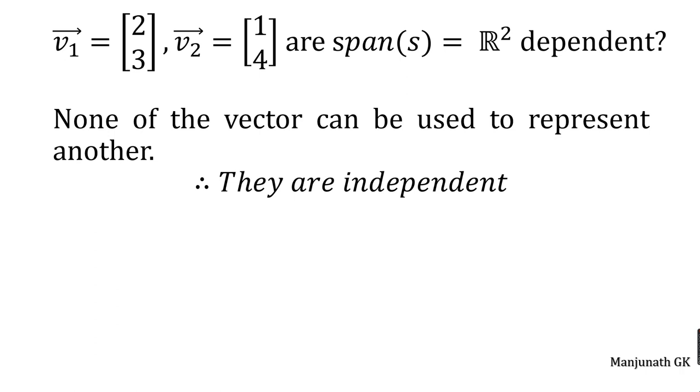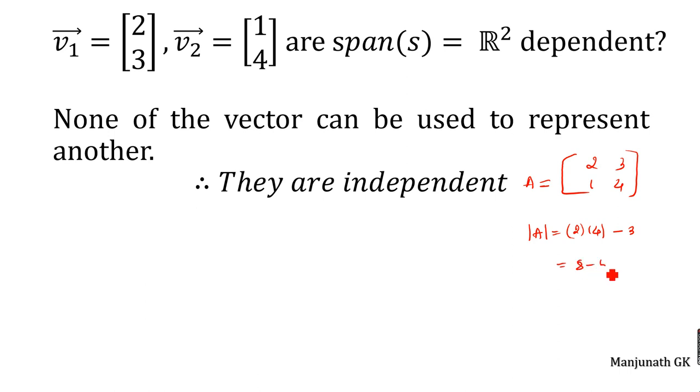How to find it out? First represent v1 and v2 in the form of a matrix, that is (2, 3; 1, 4). Let us call this matrix A. Find its determinant: 2 into 4 minus 3 into 1.